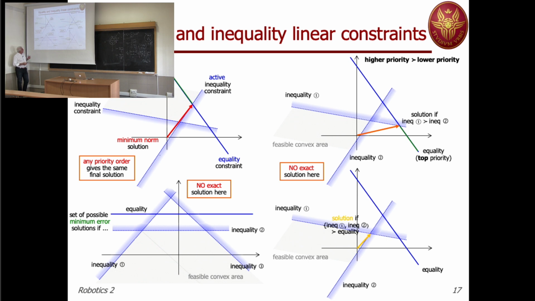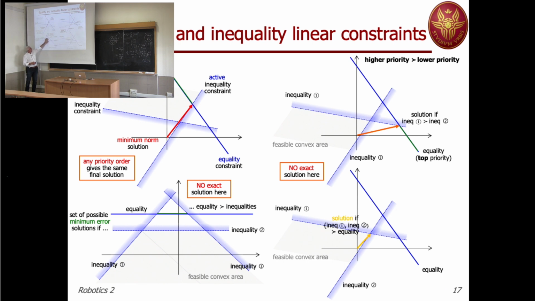So let's see, depending on the priority that we give, we may identify different solution sets in which we look for the minimum norm solution. So for instance, if the equality, being on this line, is more important than all the inequalities, no matter in which order, then the set of solutions will stay here.